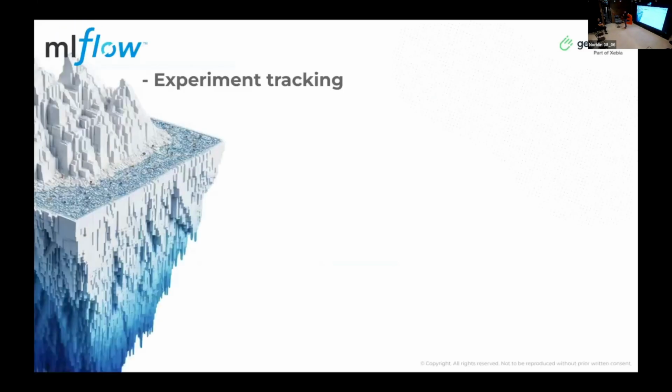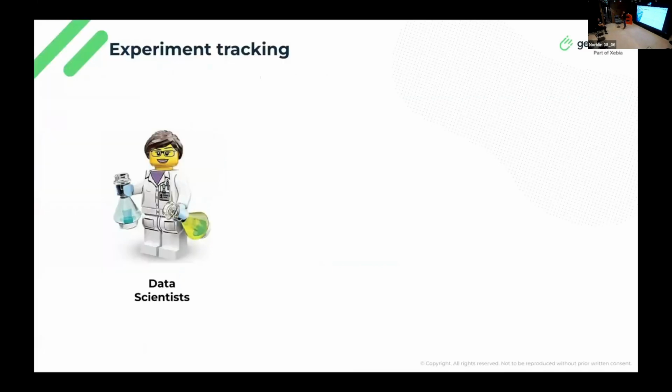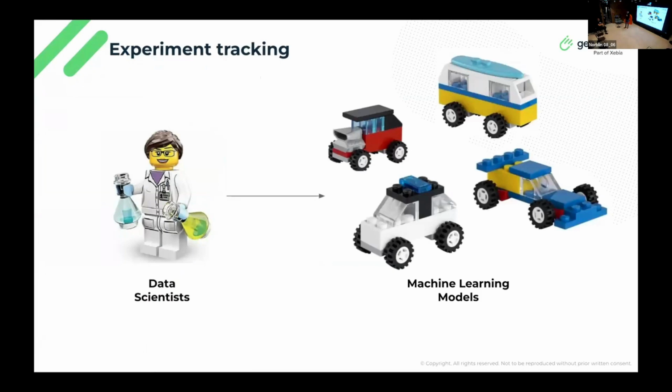So let's take a step back. Let's start from the very beginning, from the top of our iceberg, the experiment tracking part. So in every machine learning project that you probably worked on, there will be two components. The first one will be data scientists, and the second component will be the bricks that our data scientists are assembling together, which will be our machine learning models.